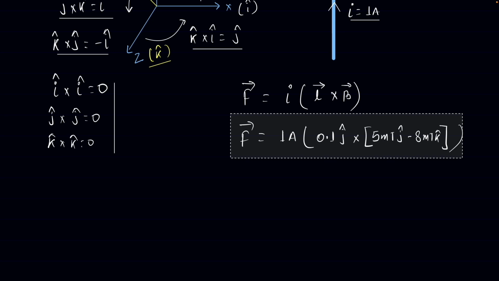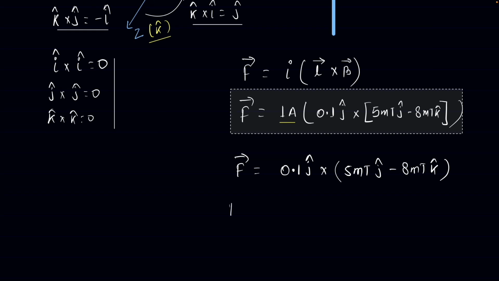Here in this problem, we have to multiply by 1, which will remain as it is. So we can skip this part and directly write F is equal to 0.1 j cap cross 5 mT j cap minus 8 mT k cap. Multiplying term by term, force is equal to 0.1 into 5 mT, and here j cap cross j cap.